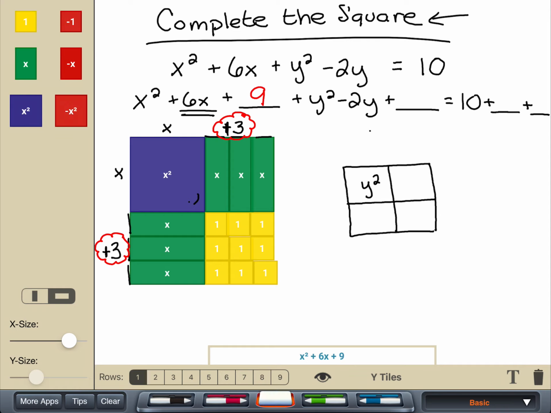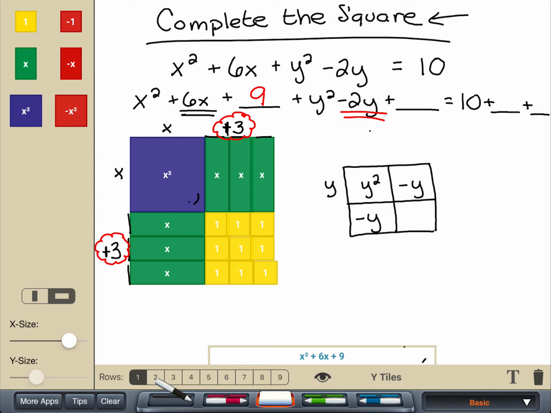So then from here, now this is where we're using the negatives. So this is a -2y, which means that we are going to have one of them here and one of them here. One -y there and one -y there. And then if we figure out the common thing that we would be taking out of the top row, it is a y.